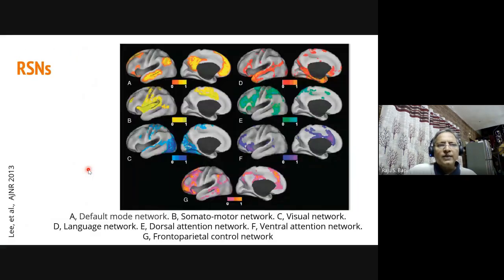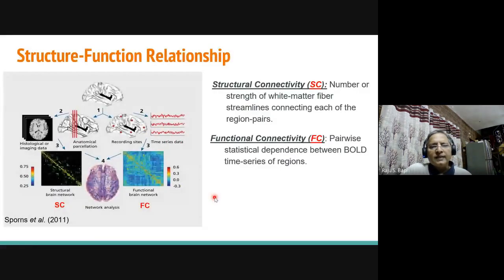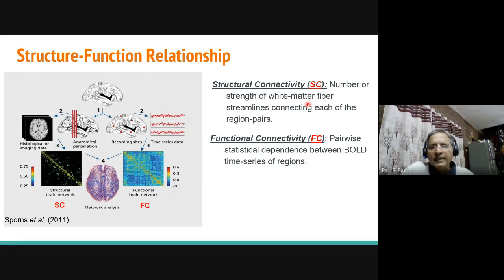So one question that comes up in this context: let me define two terms, what is called structural connectivity, SC, and functional connectivity, FC. So you take the brain and there are two kinds of measurements broadly possible. On the left-hand side, you have anatomical measurements.